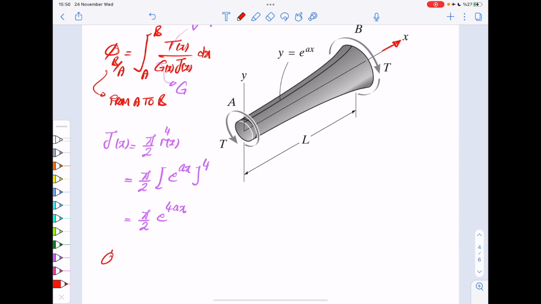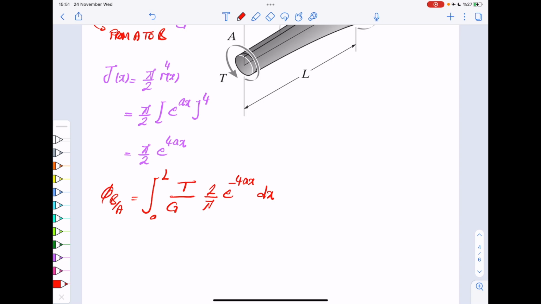So basically, we come here and say phi of B with respect to A is the integral from A to B, which would be from 0 to L. We know the length is L. Now, T is just T. Again, G, just G. And instead of J, I am going to write 2 over pi e to the power -4ax dx.